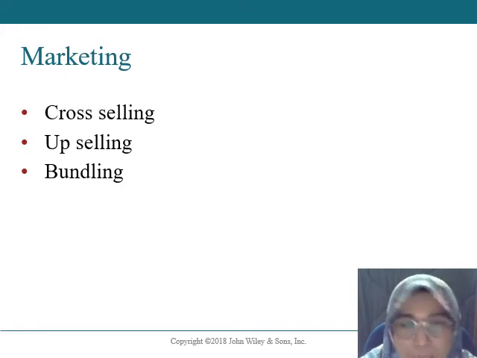For upselling, it is a strategy in which the salesperson provides the customer with the opportunity to purchase the related product or services of greater value in place of or along with the customer's initial product or service selection. That is upselling.